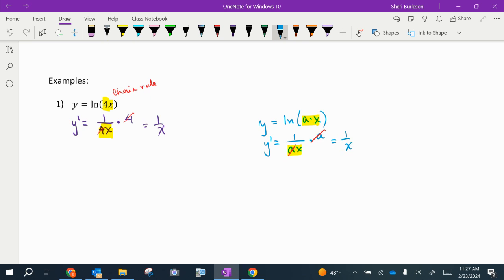So when I just have a constant multiple inside my natural log function, that's going to reduce out due to chain rule, and I'm still going to get 1 over x.